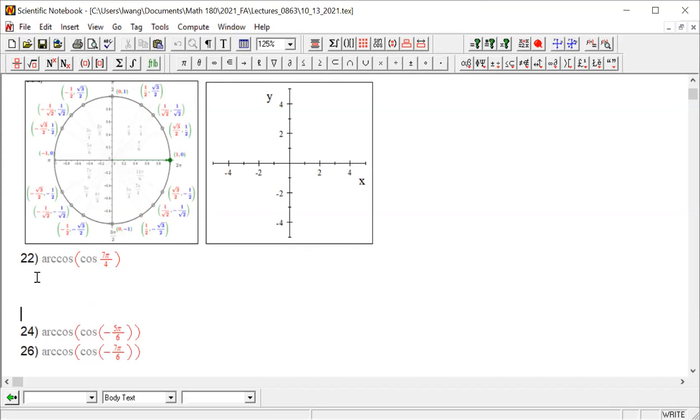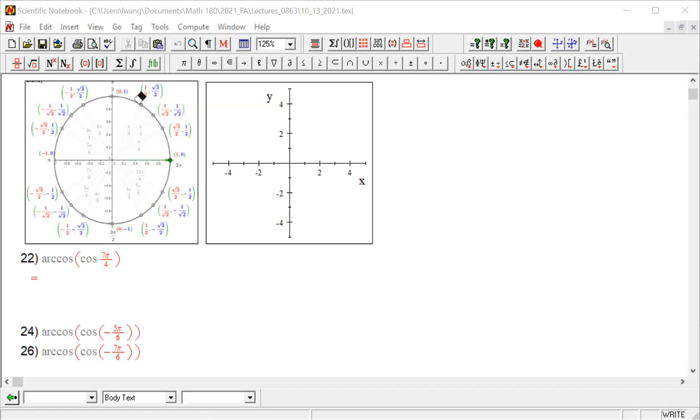Really cultivate this. The next one is cosine 7 pi over 4, okay? I chose this question because if you look at 7 pi over 4, its terminal terminates in the fourth quadrant.